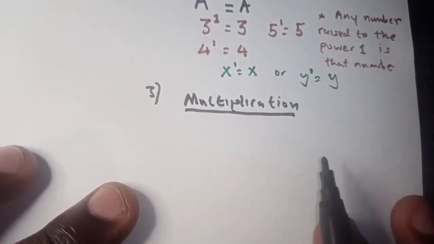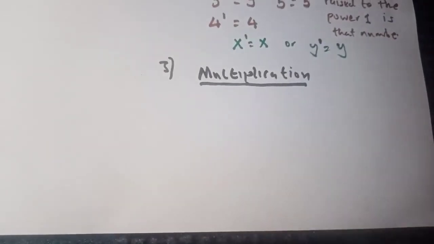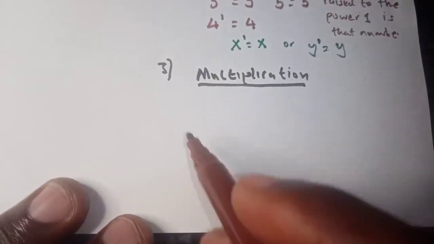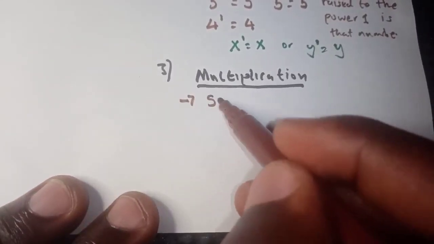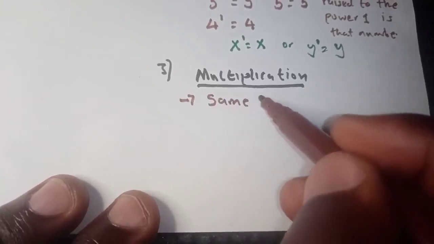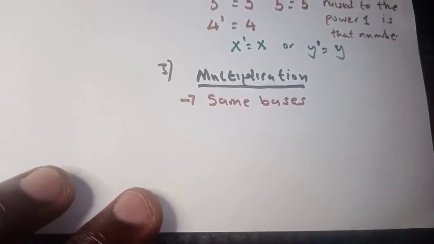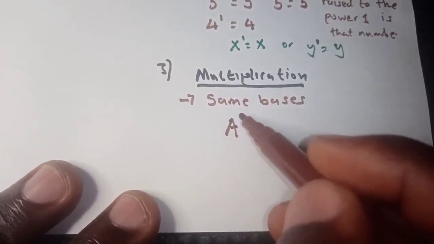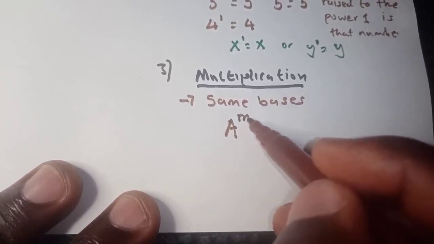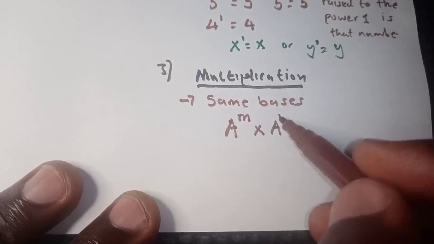Okay, under multiplication. According to this rule, let's say you have the same bases being multiplied. So you have the base a raised to the power m times the base a raised to the power n.